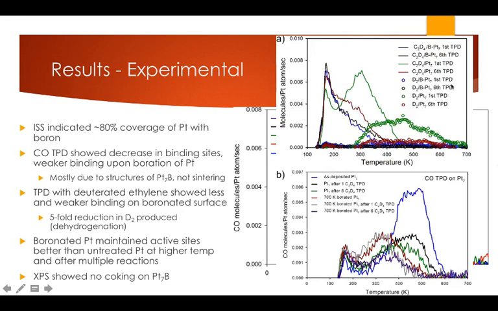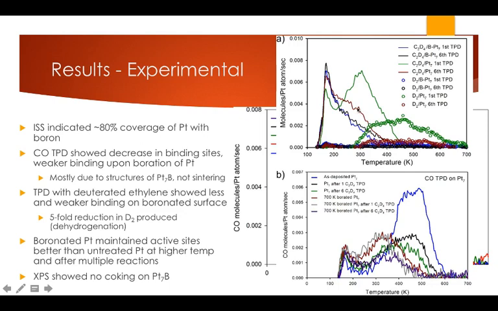So they also found that after repeated reactions or repeated TPD runs, the borated platinum maintained active sites better than untreated platinum. And they also found this was true at higher temperatures as well. So, okay, this green peak is untreated.